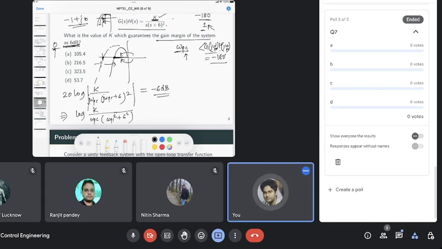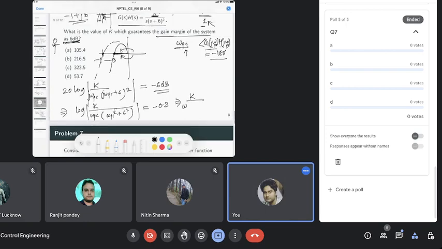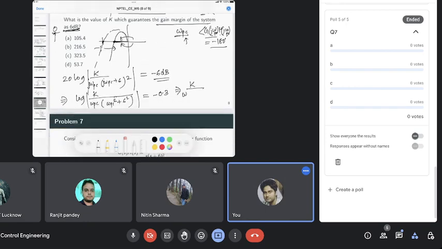Okay, this magnitude equals -0.3, or implies that k by omega_pc, you can just substitute that value 6 we computed, times 6 square plus 6 square equals 10 to the power -0.3, or k equals, just solve that. Okay, I'll just use the calculator.